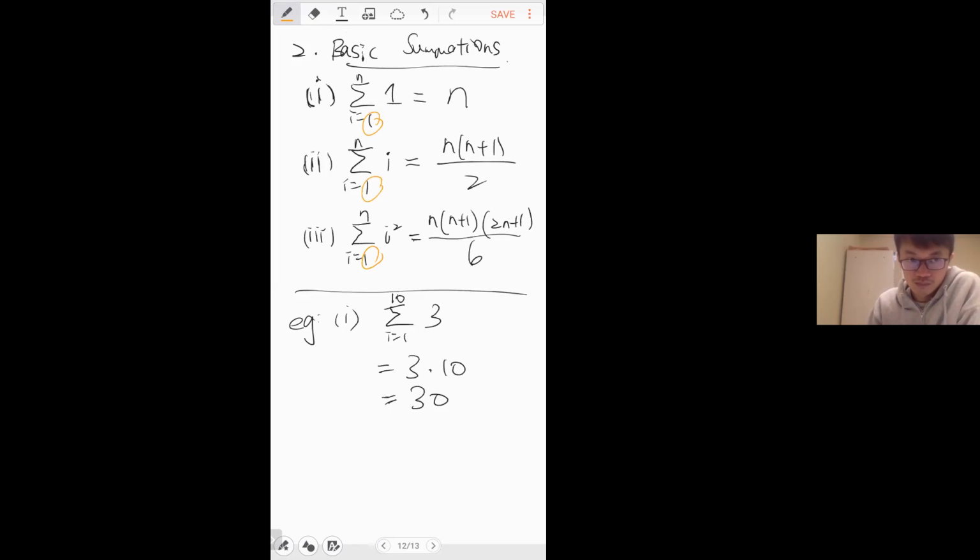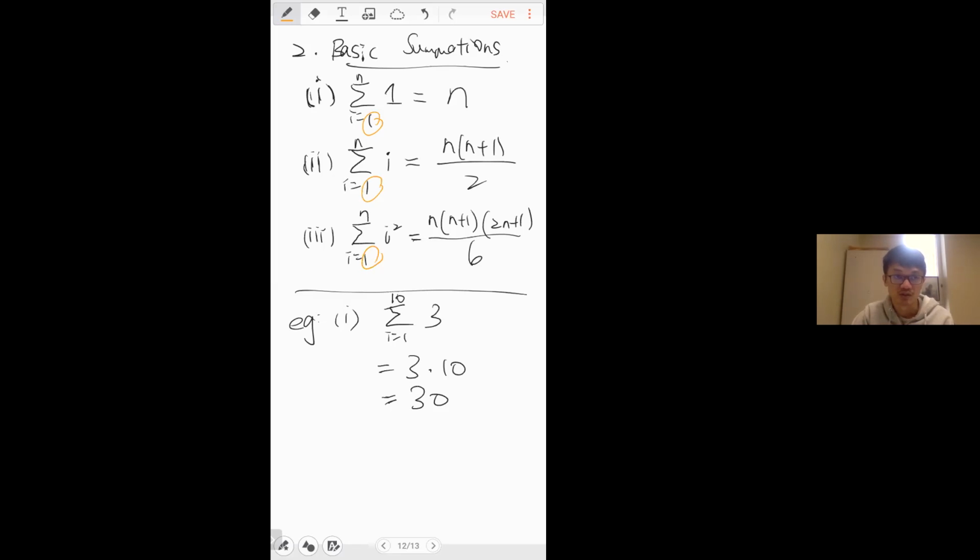Yeah, but if we're writing a basic formula, shouldn't it be n times that constant value in front of the sigma? So if that one was a 2, it would be 2n. If that one was a 10, it's 10n. Yes, but I'm writing 1 in my formula. In my formula, this is 1, but you're right.